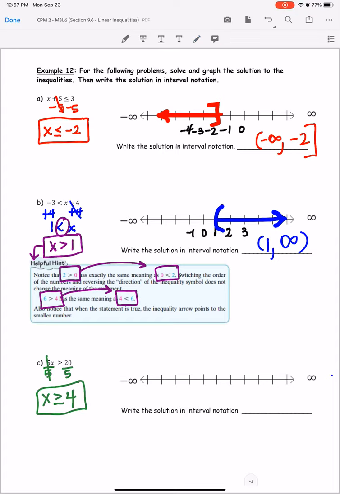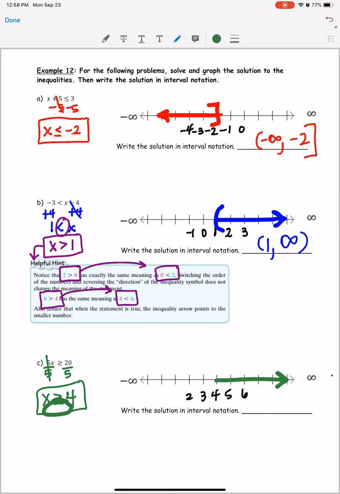On our number line here, we have 4 in the middle, 5 and 6, 3 and 2. Use your symbol as an arrow. It's pointing this way, so that means I need to go to the right as well. It's got the bar under it, so that means bracket, not parentheses. So in interval notation, it starts right here with 4, which has a bracket, and it's pointing to infinity, which is always parentheses.